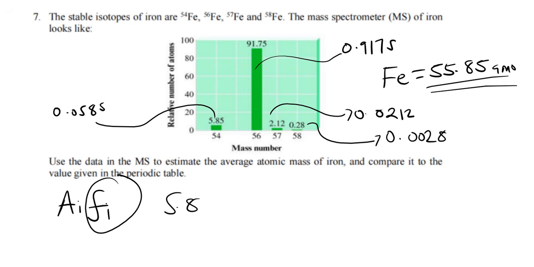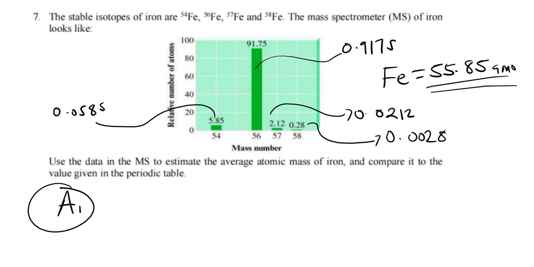Then the answers you get, you multiply by the atomic mass of each isotope. So the first one is iron 54, and I'm multiplying it by its abundance, which was 0.0585.